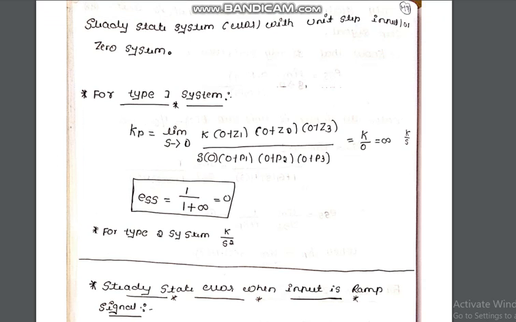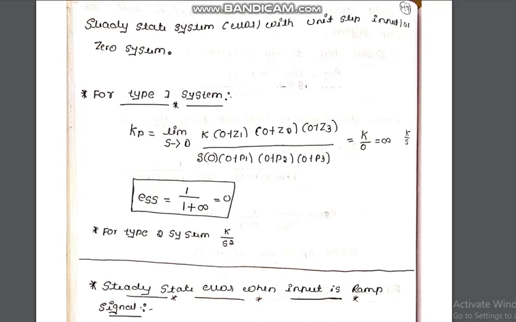Here s is equal to 0, so the denominator is 0 into (0 plus p1)(0 plus p2)(0 plus p3). So finally after simplification I will get K divided by 0, because the s term is there in the denominator. It is a type 1 system, so K divided by 0 is infinity.